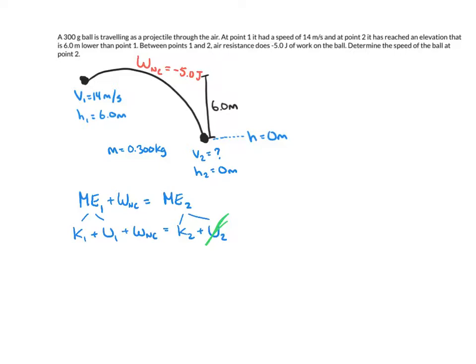So now I'll change the K's to the formula for kinetic energy, and I'll change the U's to the formula for gravitational potential energy. The formula for kinetic energy is half times mass times speed squared. And the formula for gravitational potential energy is mgh.